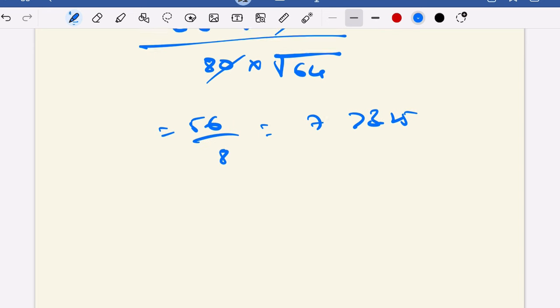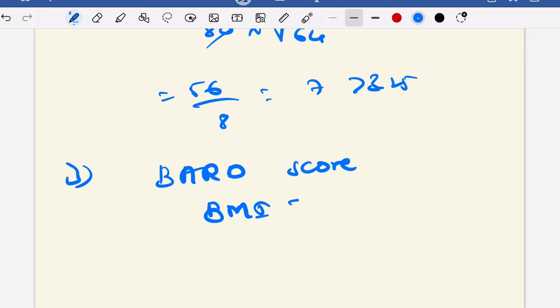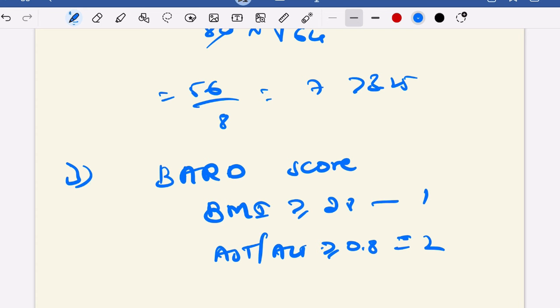One more score for predicting cirrhosis is the BARD score, which uses four parameters in a very simple form. BMI more than 28 carries 1 score, AST to ALT ratio more than 0.8 carries 2 scores, and history of diabetes mellitus carries 1 score.